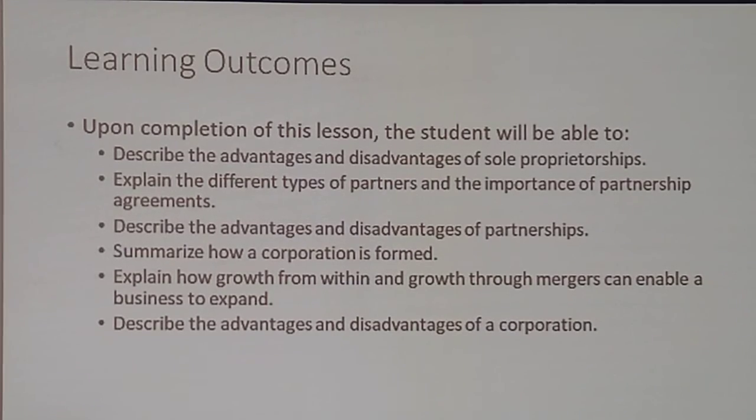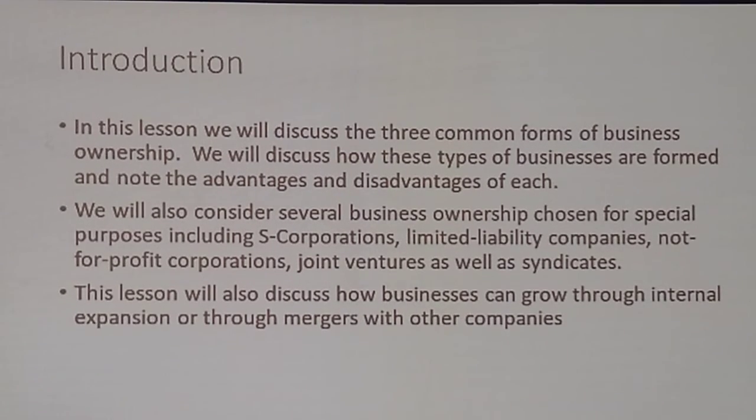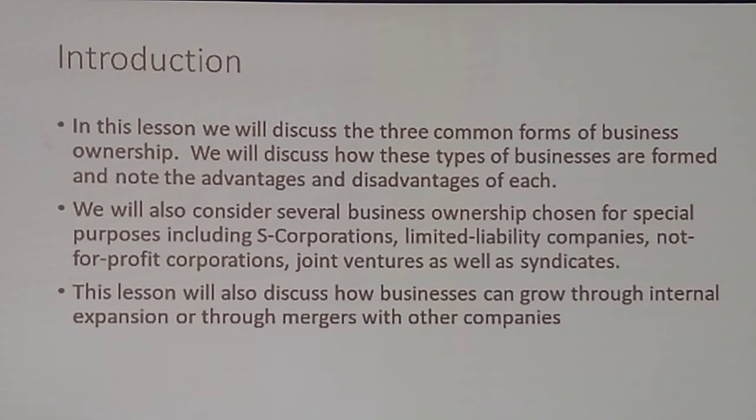So here we go. In this lesson, we will discuss the 3 common forms of business ownership. We will discuss how these types of businesses are formed and note the advantages and disadvantages of each. We will also consider several business ownerships chosen for special purposes, including C corporations, limited liability companies, not-for-profit, joint ventures, as well as syndicates.